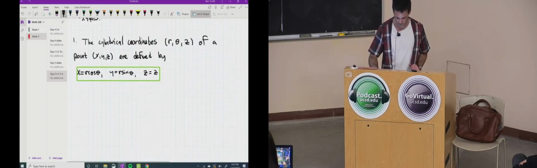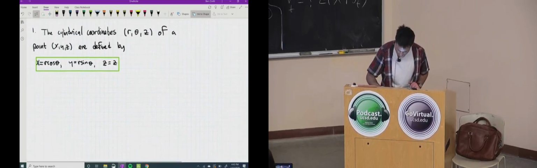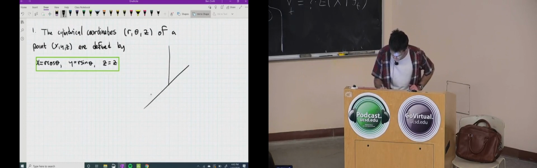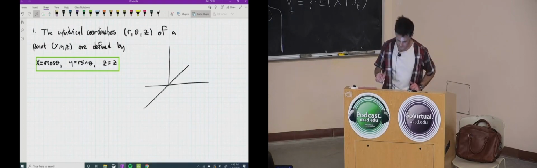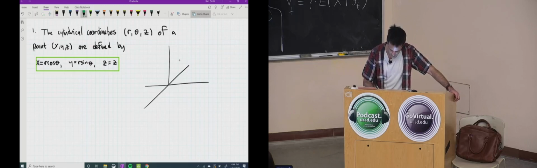So let's draw a picture. This should look familiar because the formula looks a lot like polar. So let's say we're at some point, let's say right here. So this is the point x, y, z.